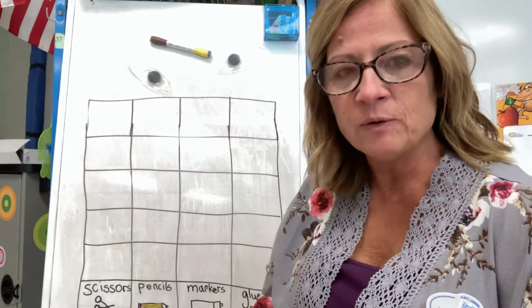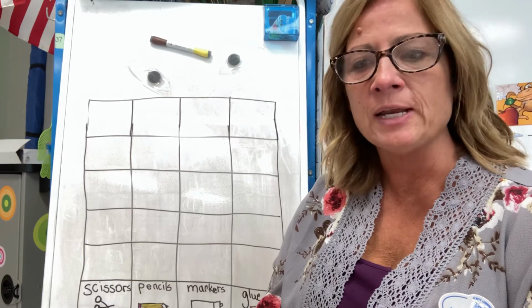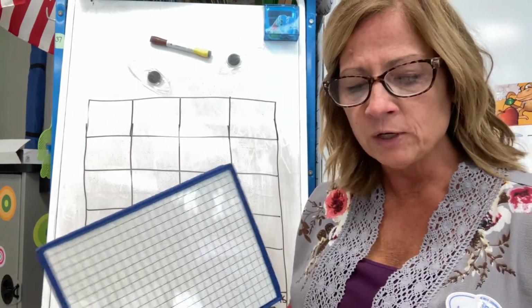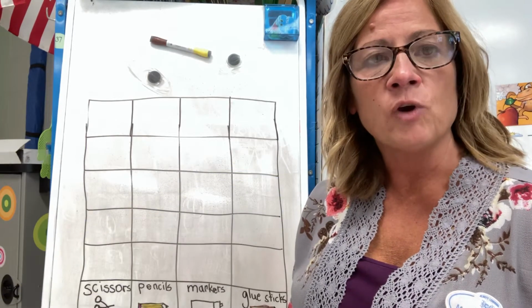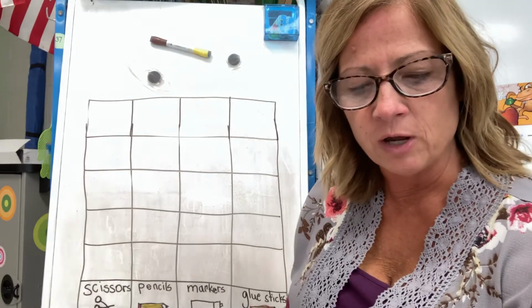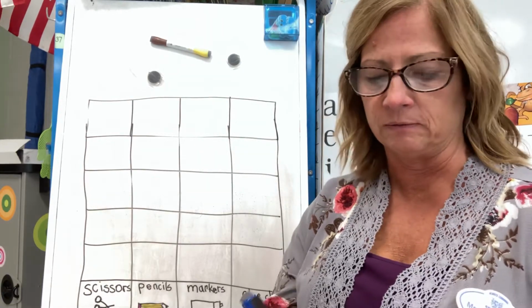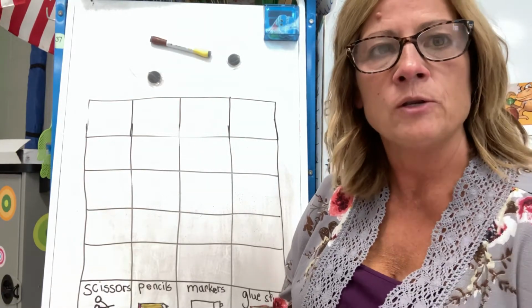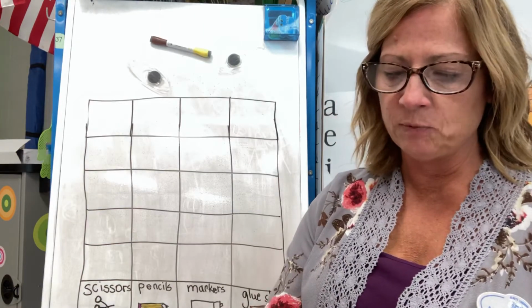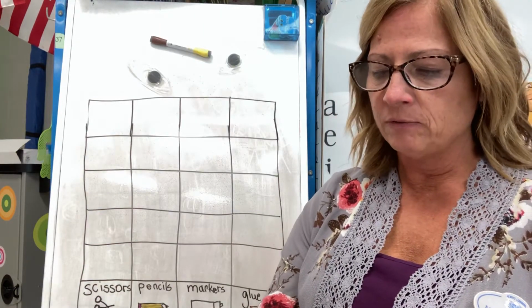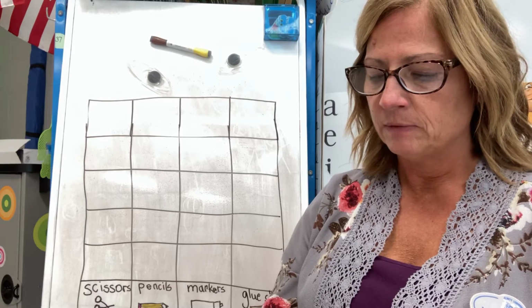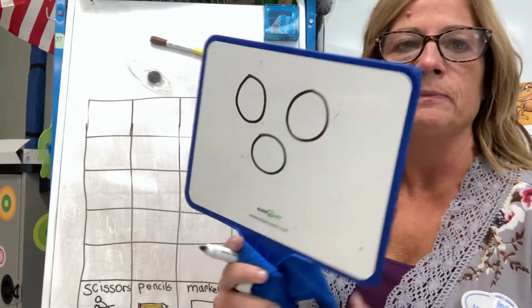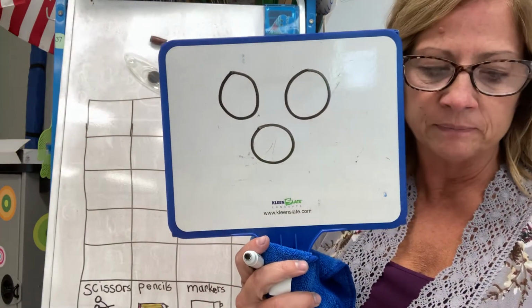Okay, so today also, if you want to get out a piece of paper, we're going to do a little drawing, and I would like for you to draw 3 circles on your paper or your dry erase board. I'm going to draw my 3 circles on a dry erase board. Okay.